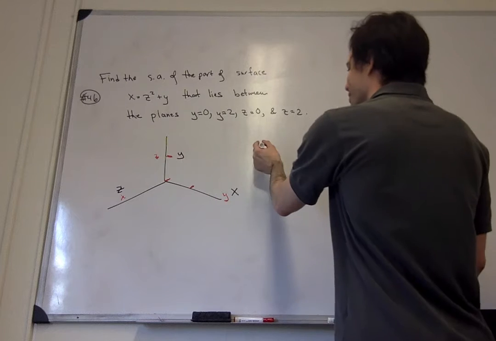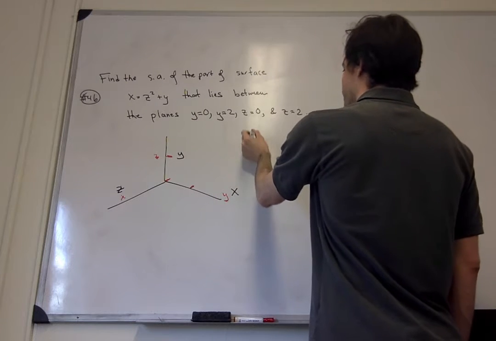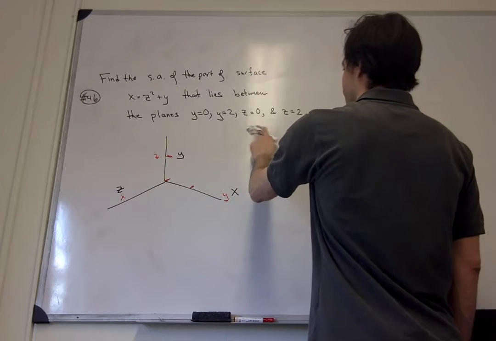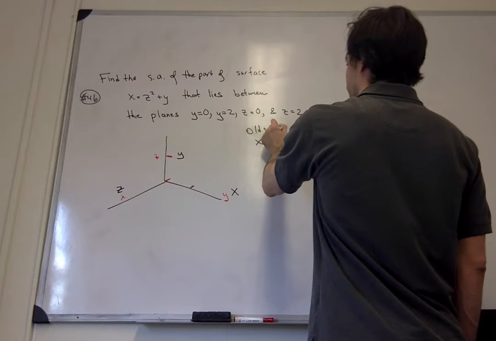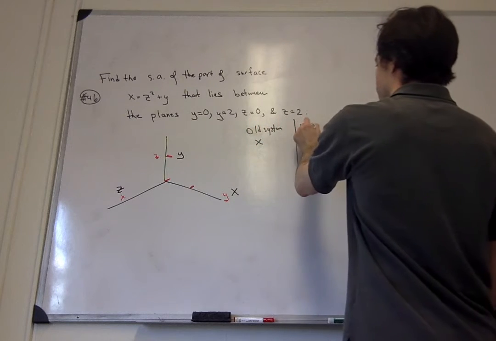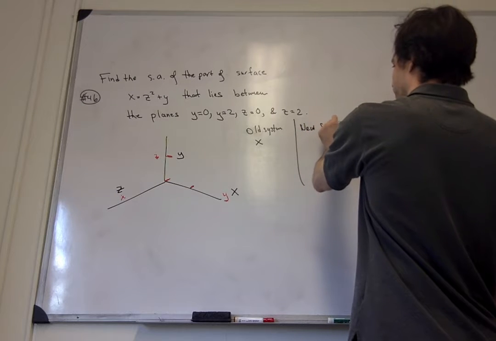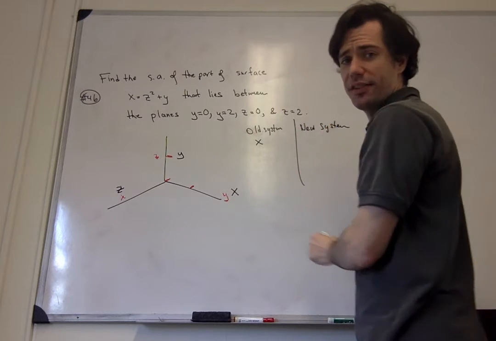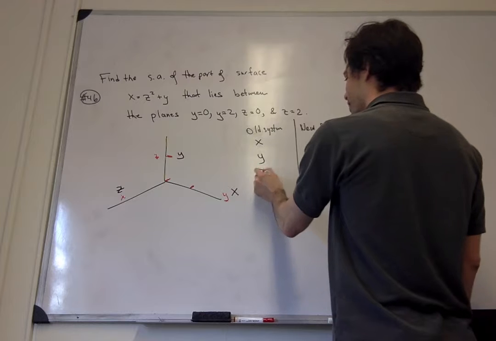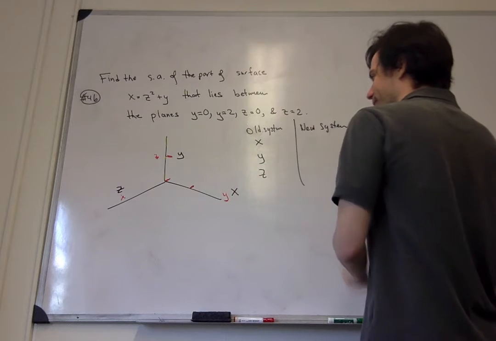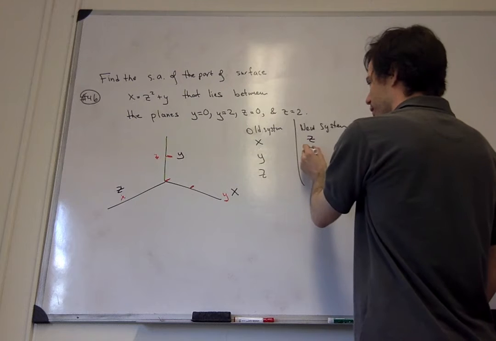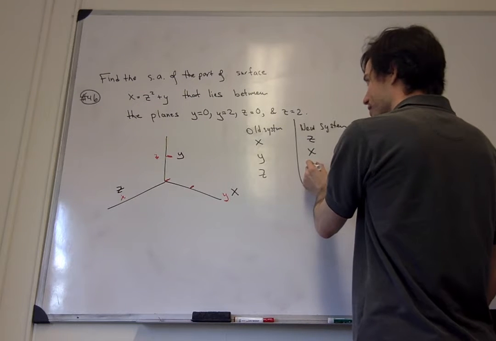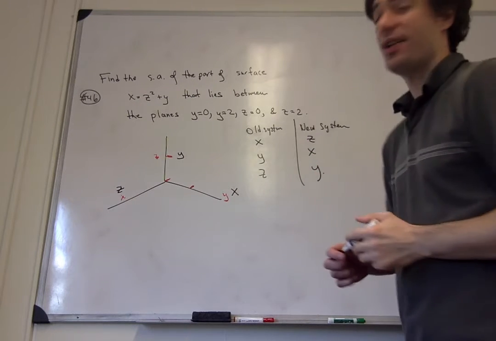This is the old system, and this is the new system. So x, y, z: x becomes z, y becomes x, z becomes y.